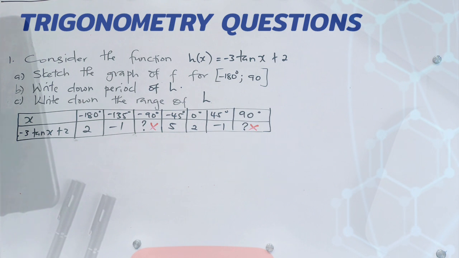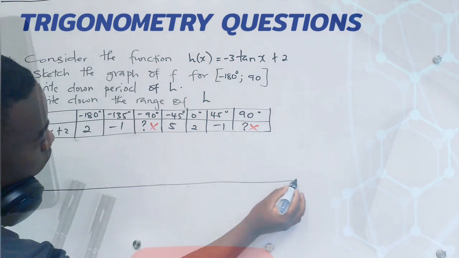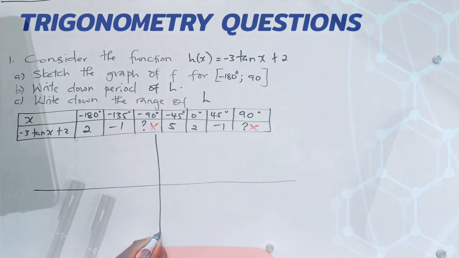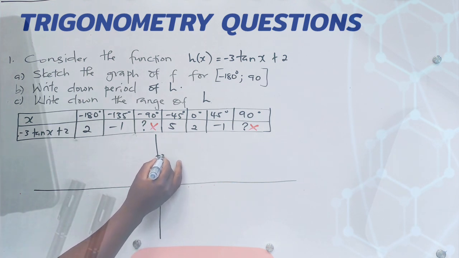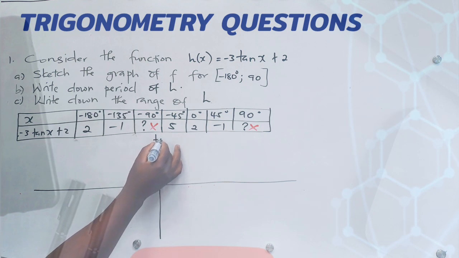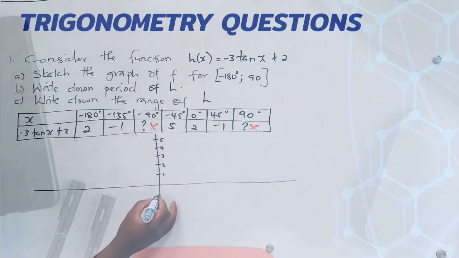So what we need to do now is to draw our Cartesian plane. So we have 1, 2, 3, 4, 5. Minus 1, minus 2, minus 3, minus 4.